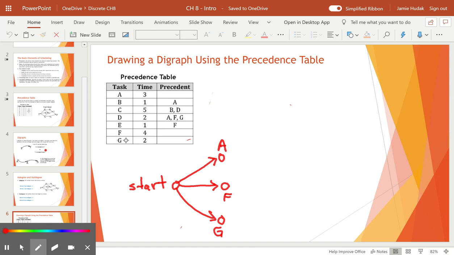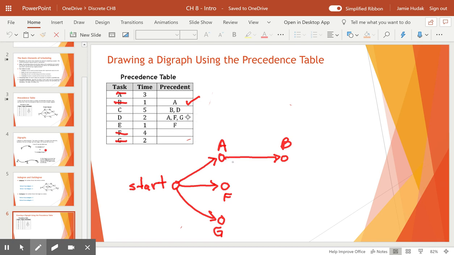So these have been put into our digraph. We cross them out. And now we say I'd like to draw vertex B. I can do that because it only needs vertex A. So I draw out my vertex B. Done. Next is vertex C, which comes from B and D. I don't yet have a D in the drawing, so I'm going to come down to D and say, can I draw that yet?